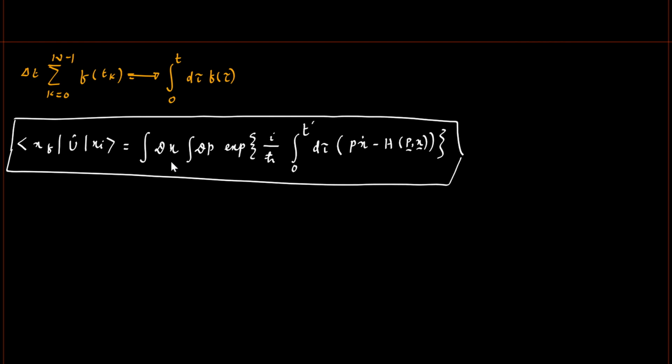Okay, fine. But here you can notice that in this exponential expression, this term looks like a Lagrangian, because in our classical mechanics we have the Hamiltonian H equal to summation p q dot minus L, right?